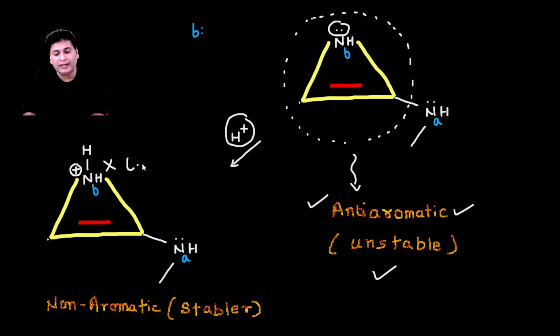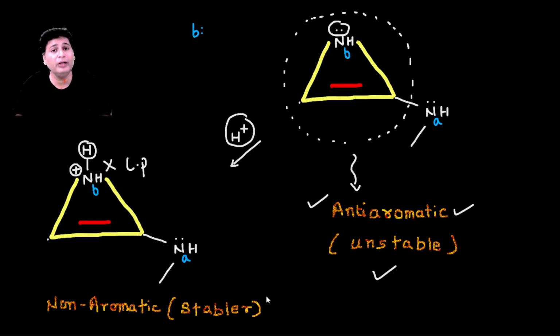The lone pair is now absent, and there will be no cyclic conjugation. Earlier there was a lone pair, and because of that there was a cyclic conjugation and you got 4n pi electrons. But here, as the proton takes up the electrons, the cyclic conjugation is lost, and as it is lost, the anti-aromatic character is lost.